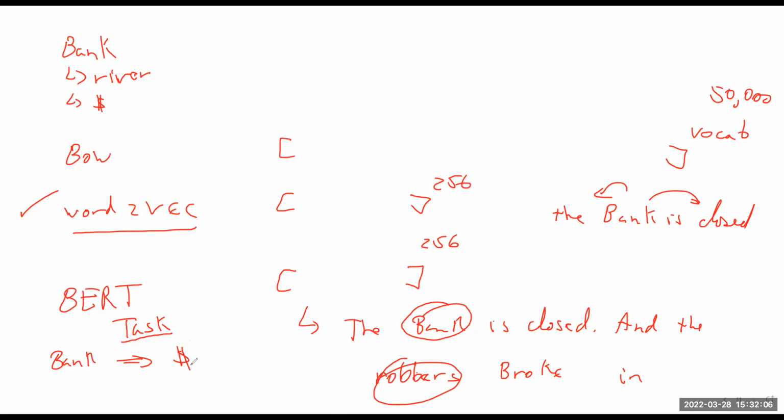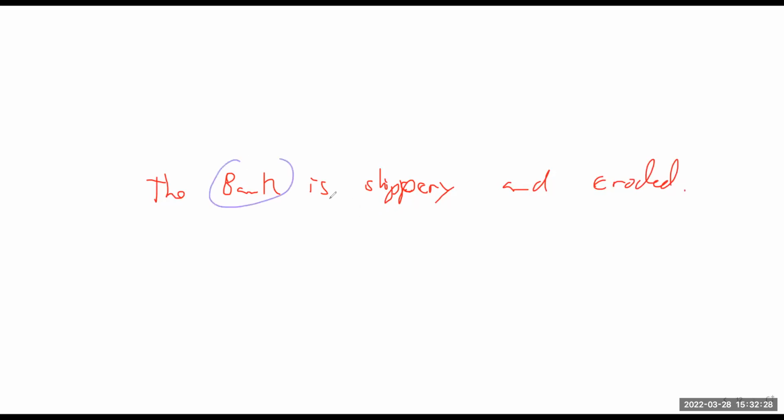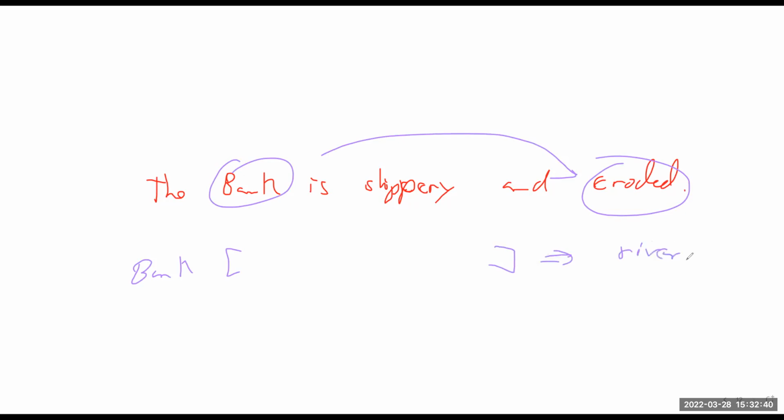Does that make sense? But if I give it "the bank is slippery and eroded," that refers to a river. So when BERT looks at this sentence, it's going to create a vector for bank reflecting rivers.